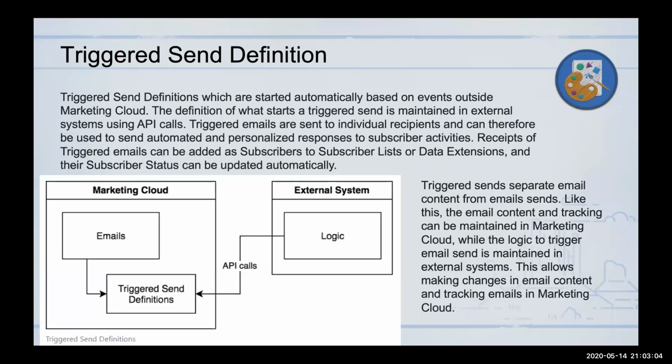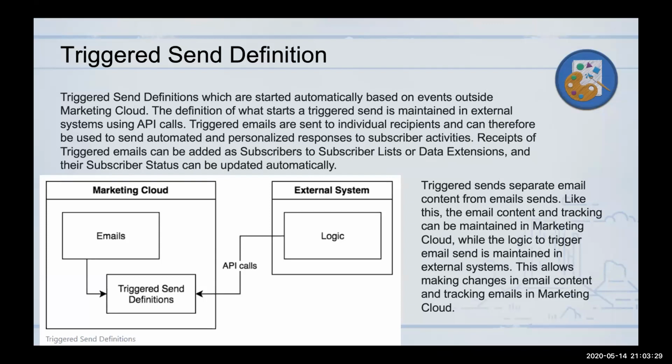So you have to always make sure that things are working. Triggered sends separate email content from email sends, like this. The email content and tracking can be maintained in Marketing Cloud, while the logic or trigger for the email send is maintained in external systems. This allows for making changes in email content and tracking emails from Marketing Cloud.